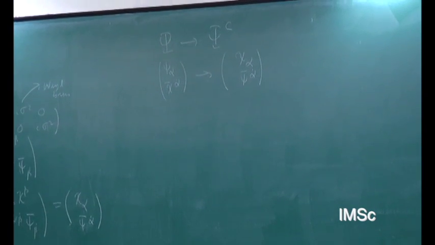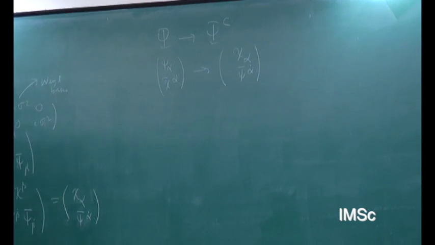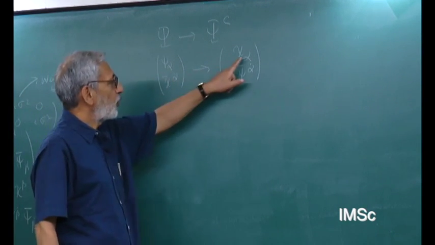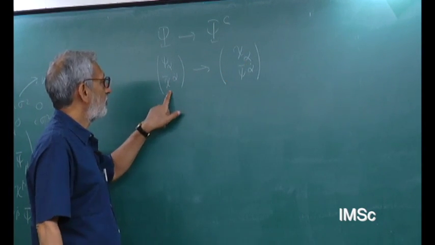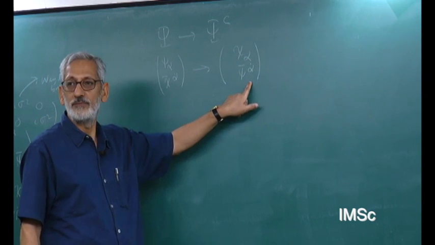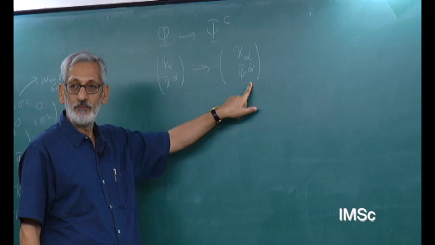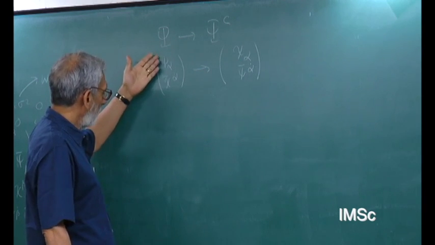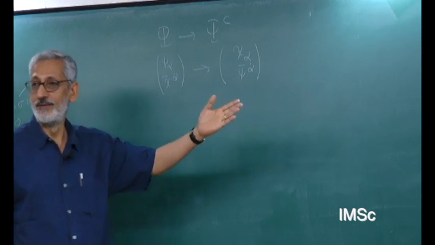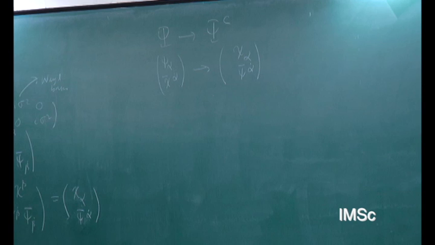That's what charge conjugation does now. It converts psi alpha into chi alpha and chi bar alpha dot into psi bar. It converts a particle into an antiparticle. That's what charge conjugation is supposed to do. Clear?